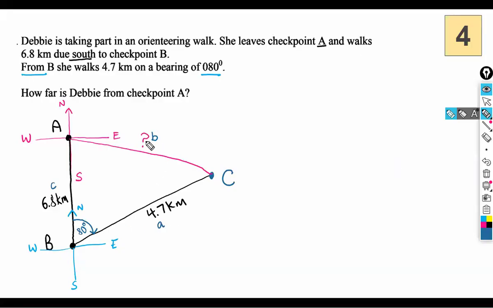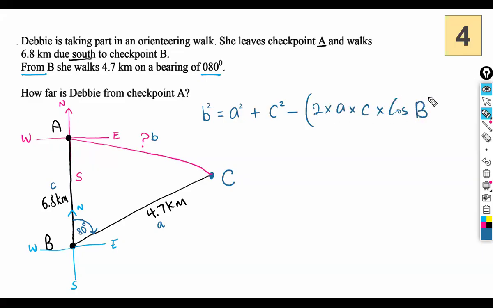So we want to find common b, and we have two sides and the angle in between. So once again, it's a clear case of the hard cosine rule. So b squared is equal to a squared plus c squared minus open brackets 2 by a by c by cosine capital B.